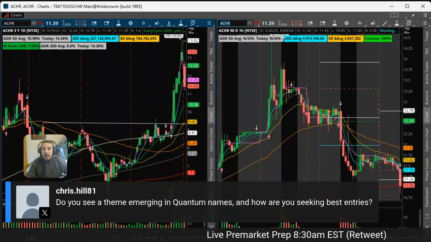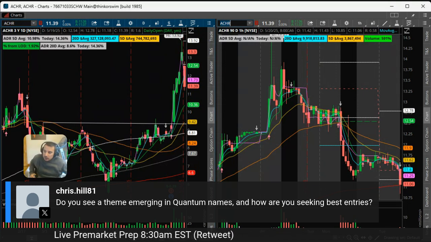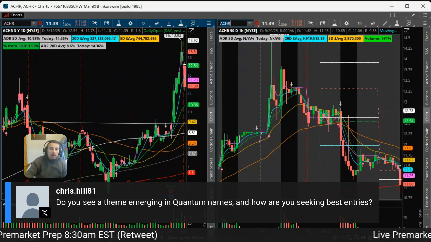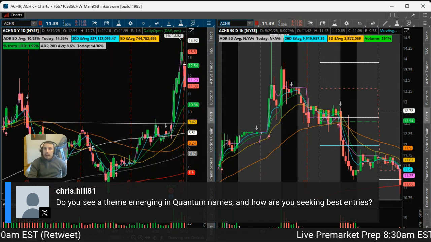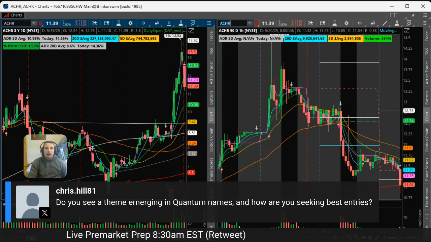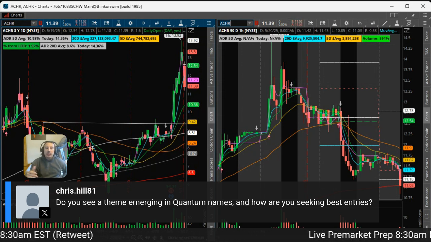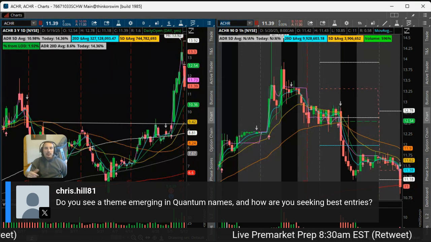What I like to think about, even when I'm looking at stocks that are trending higher, it could even be the quantum stocks, I always say to myself, I only need 6 to 10 names in my entire portfolio to be fully invested and possibly even on margin. 10 names.